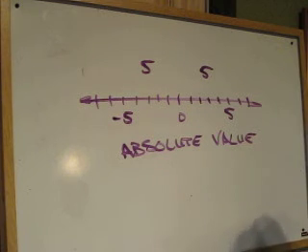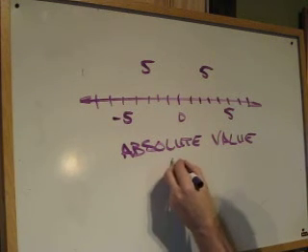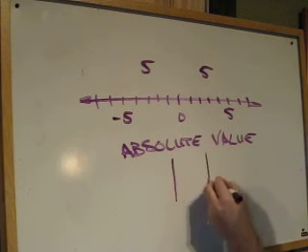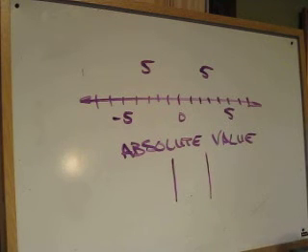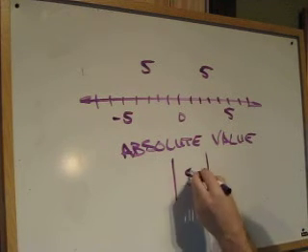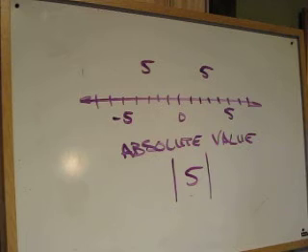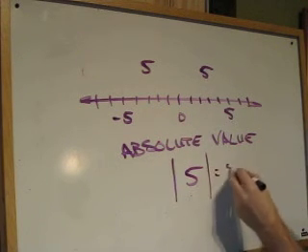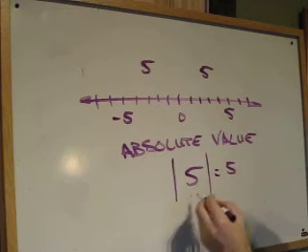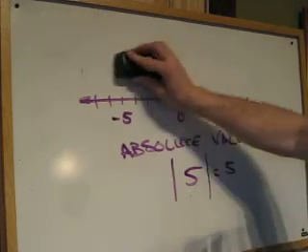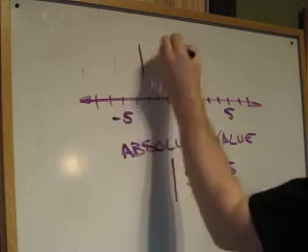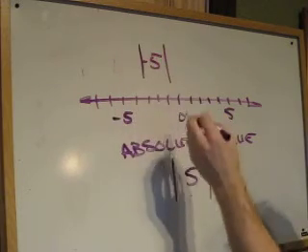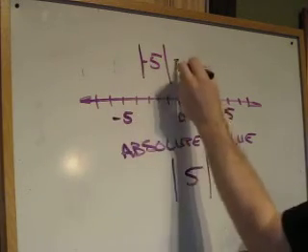So we use a symbol. It's just two parallel vertical lines to represent absolute value. So, absolute value of 5. How far is 5 from 0? 5. Absolute value of negative 5. How far is negative 5 from 0?